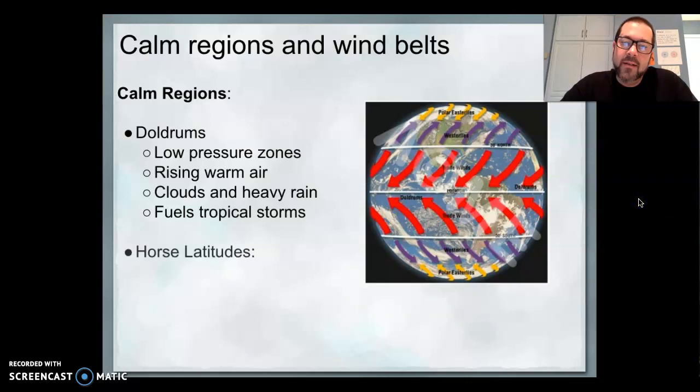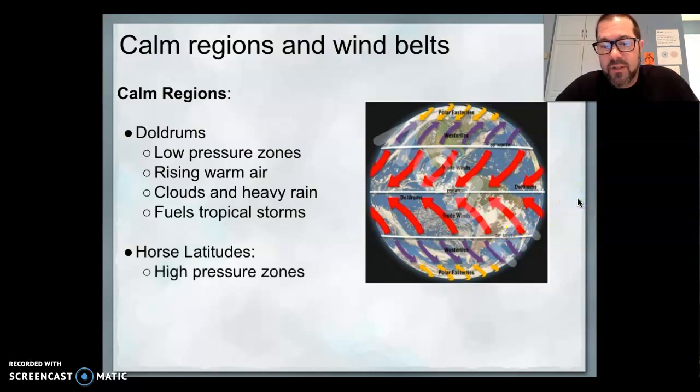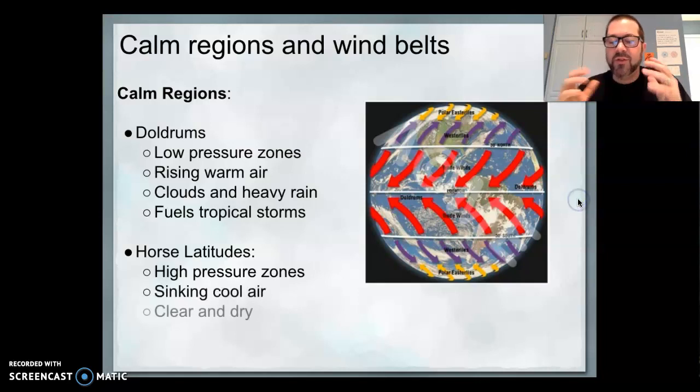The next calm region is the horse latitudes. Now, the horse latitudes, if you look here at 30 degrees north latitude, and then down here at 30 degrees south latitude, those are the horse latitudes. And they are distinguished because they're high pressure zones where we see this sinking cool air and extremely clear, calm, and dry conditions.